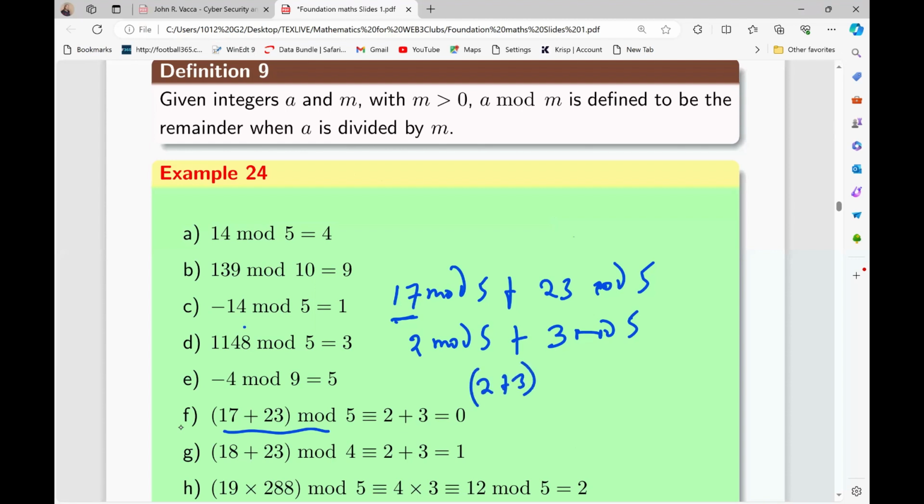What you do with integers, the same way you do with the mod. There's nothing new here. This gives you 5. And what is the remainder if 5 were to go into 5? The remainder will be 0.